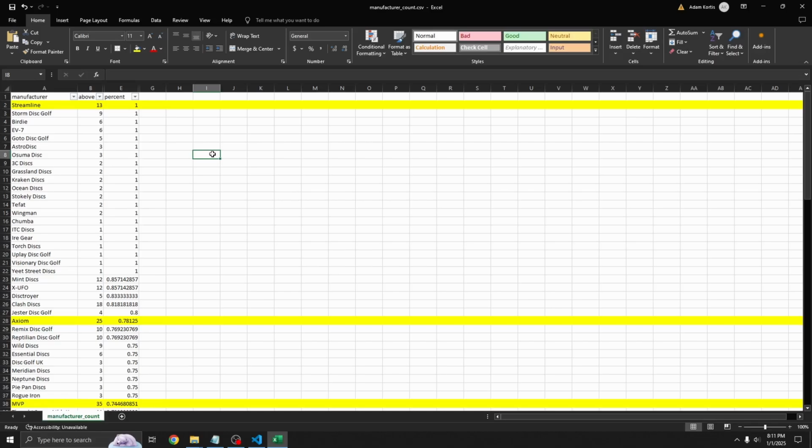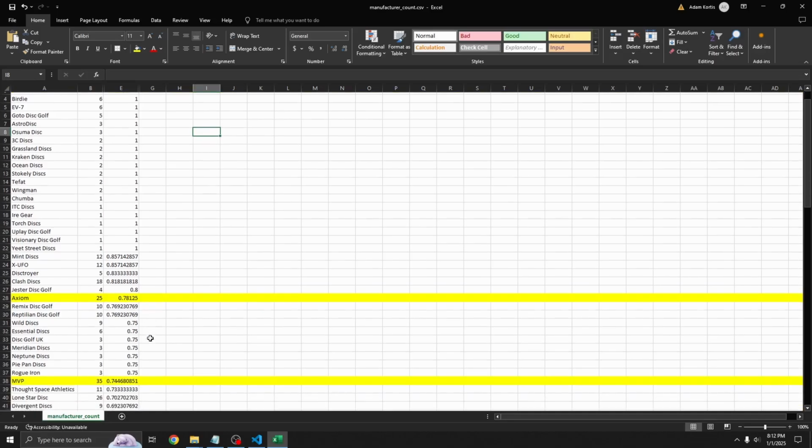And so some interesting things that came out of this: we see that Streamline was one of the highest percentages. All 13 of their discs that I analyzed were above the average rim width. We then have Axiom with 25, or 78%, of their discs' rim thickness above the average for their speed.